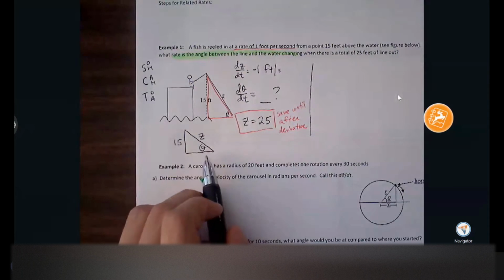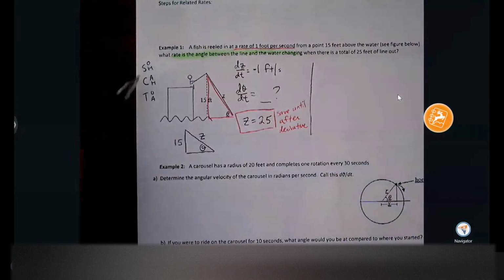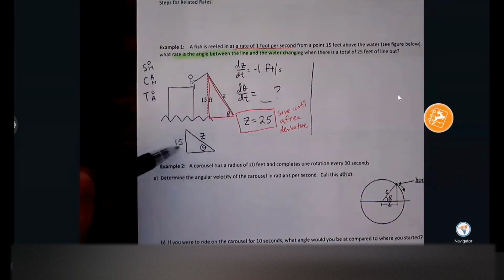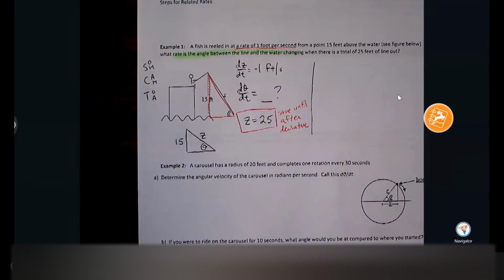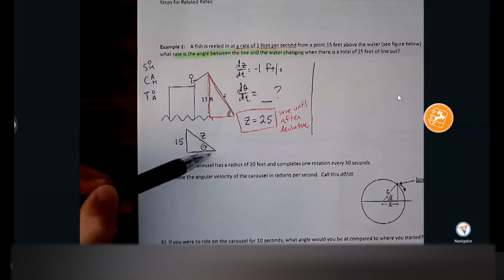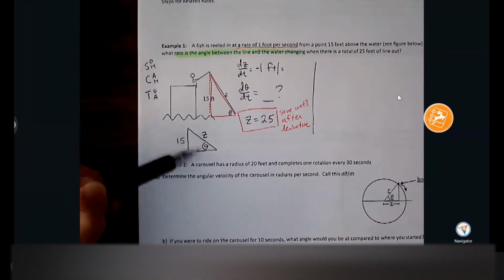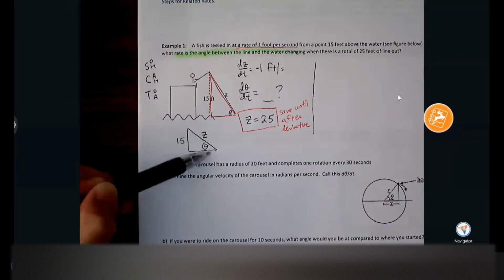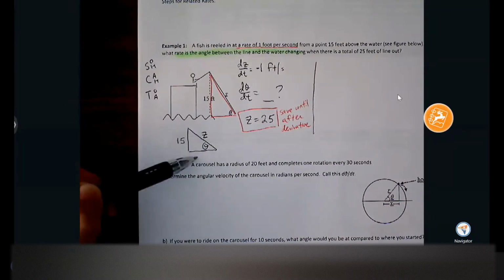So which trig equation is going to be the one that's going to hit theta, 15, and z? Cosine? Let's see, cosine is adjacent over hypotenuse. So we want to look at what information is provided for us.